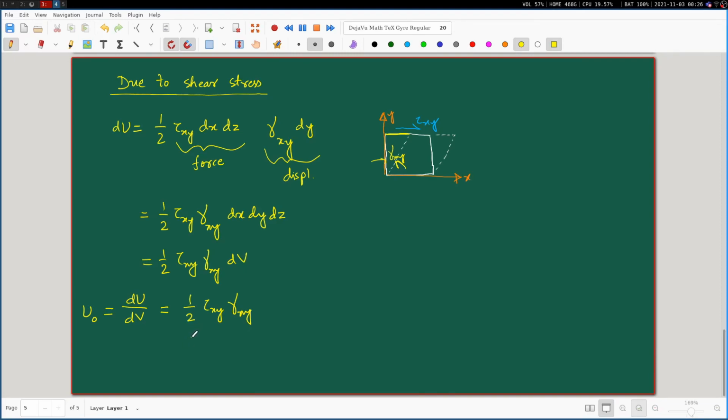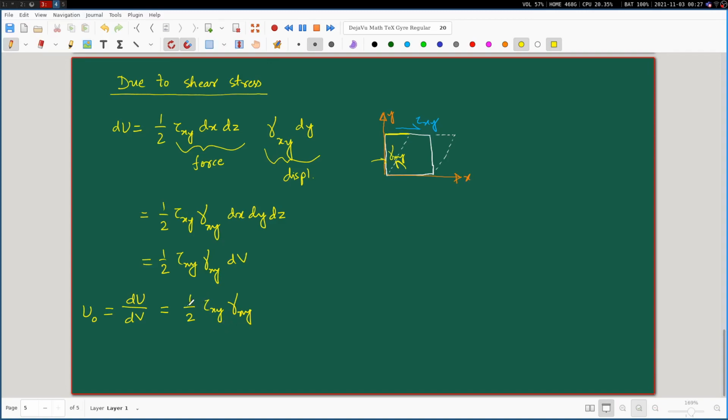Normal stress may also appear due to bending moment. Similarly, tau xy may be directly due to the transverse shear stress. It may also be due to torsion. So for these different types of loadings, depending on the situation, it will be our job to write appropriately the expressions for sigma xx or sigma yy or sigma zz, and the tau xy, tau yz, tau zx, whatever the situation demands.